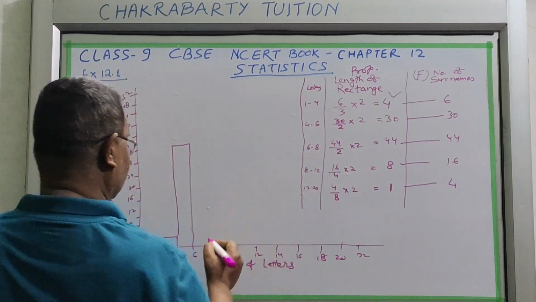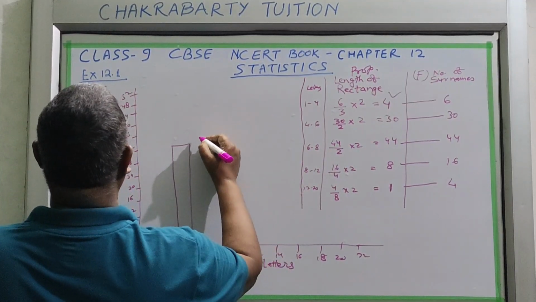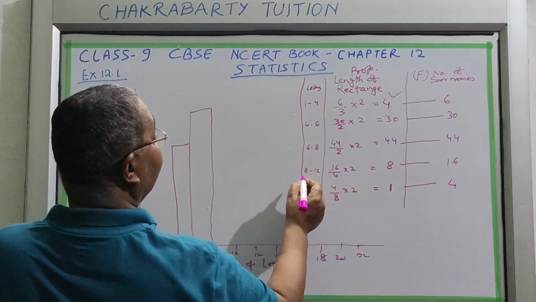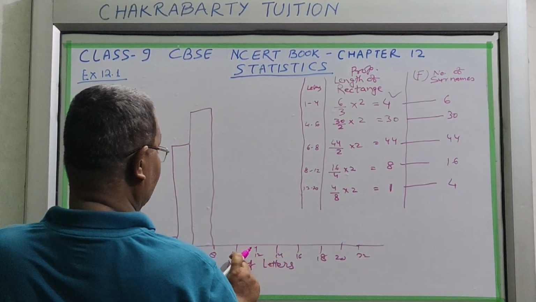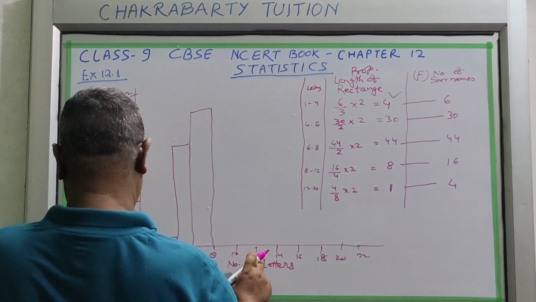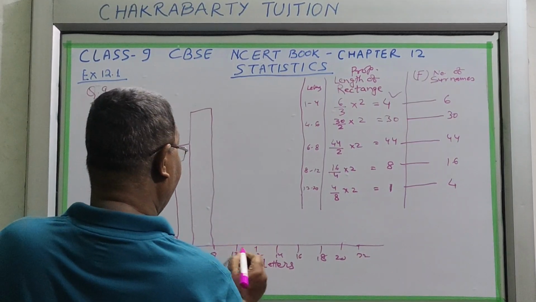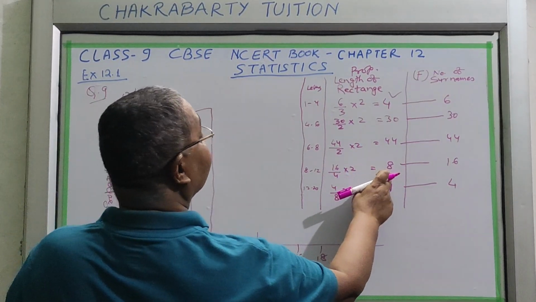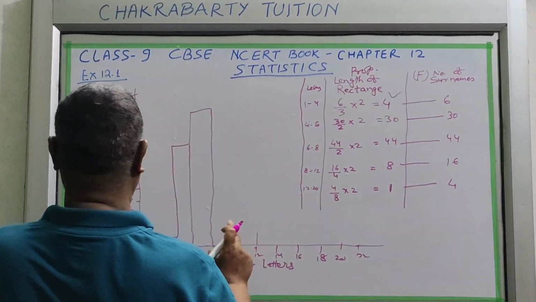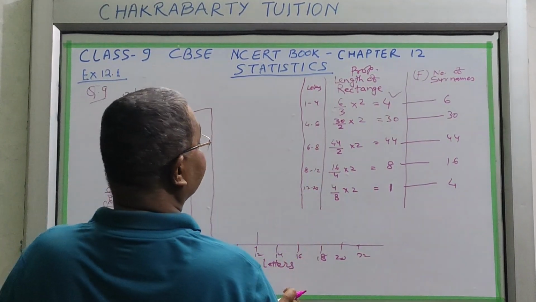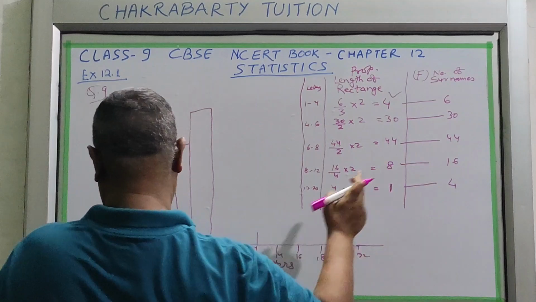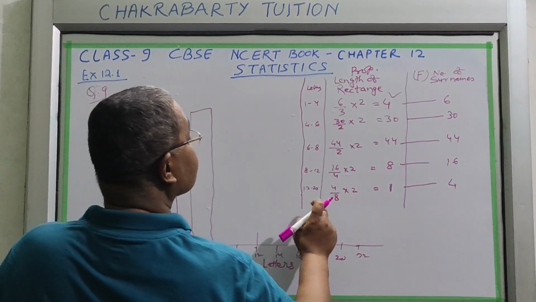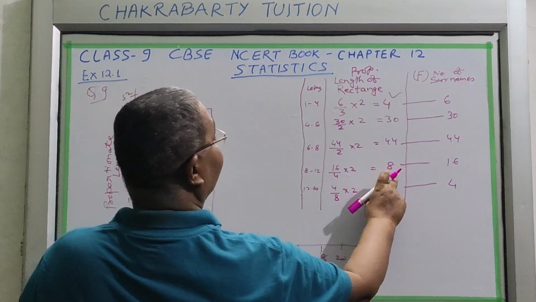Then 6 to 8, it is 44. Then 8 to 12, not 8 to 10, 8 to 12 it is. So our graph will be up to here. For 8 to 12 the frequency is 16, but the proportionate length we take is 8.